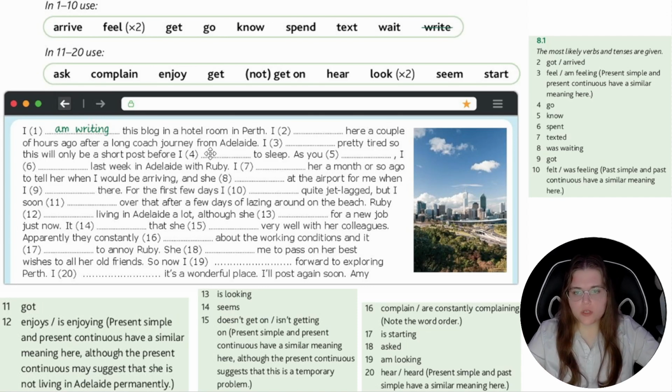Why should we use here present simple, not future? Because after these words like before, when, if, in these clauses, subordinate clauses, we should use present simple or just present tense, but in this case present simple is more appropriate.